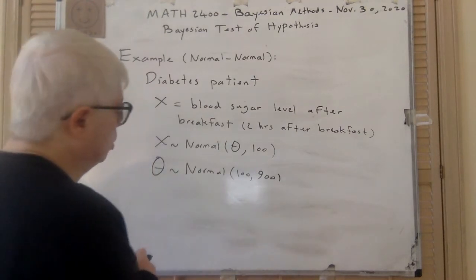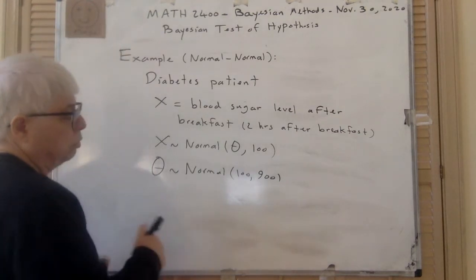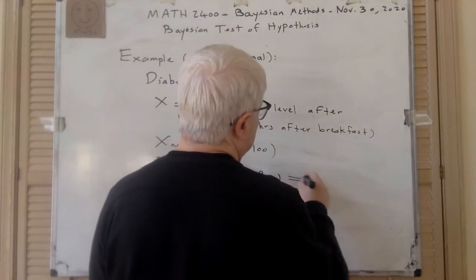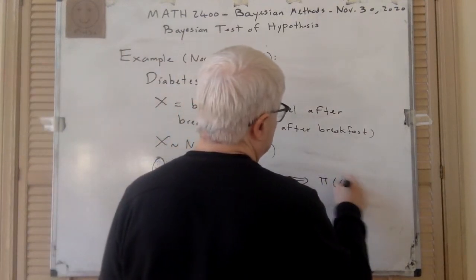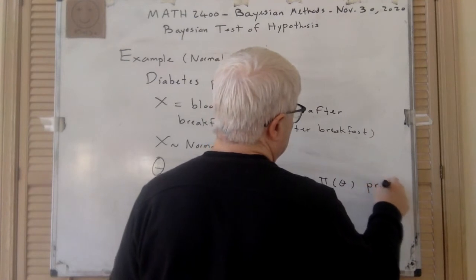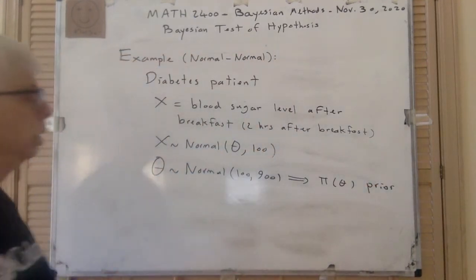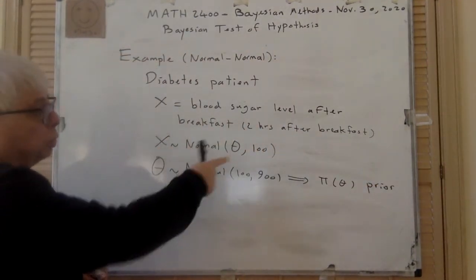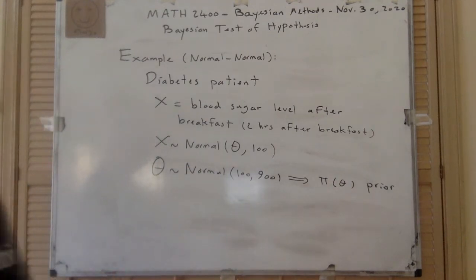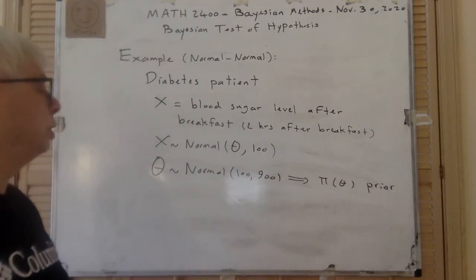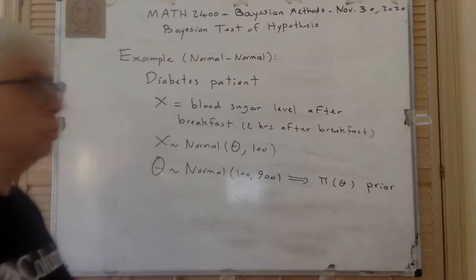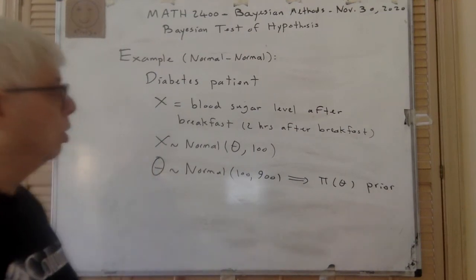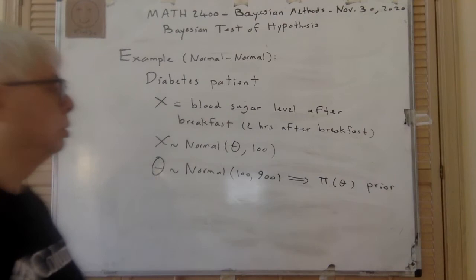These are the assumptions. And what is this one? This in fact gives me the prior, pi theta prime. Okay, so this is the prior. This one is an assumption. Even if you're using the frequentist method, you have to make some assumption on the distribution of whatever you're studying.